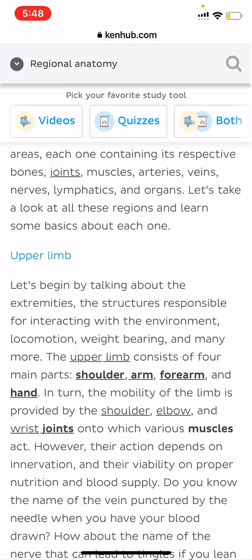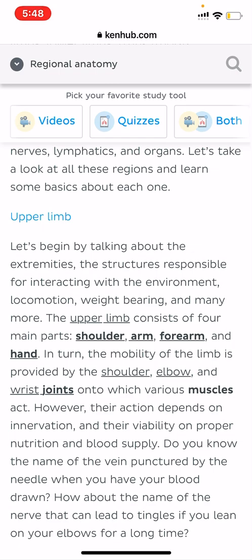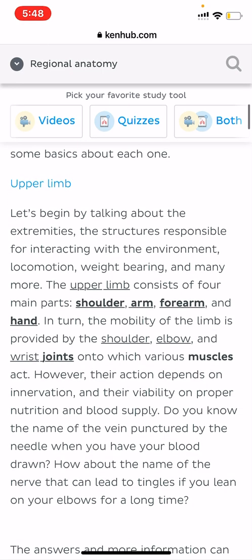The upper limbs consist of four main parts: shoulder, arm, forearm, and hand. In turn, the mobility of the limbs is provided by the shoulder, elbow, and wrist joints onto which various muscles act. However, their action depends on innervation and their viability on proper nutrition and blood supply.